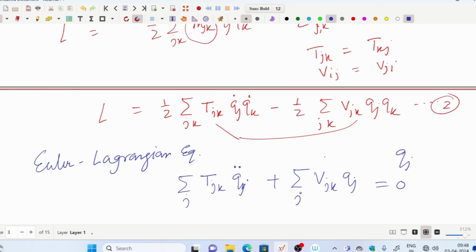This is straightforward. You differentiate with respect to q_j dot, you get this term and the d/dt of that, and then the potential term. So this will be the equation of motion. Let us denote this as equation 3.